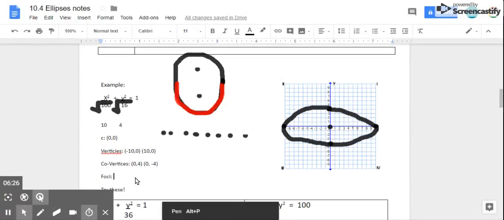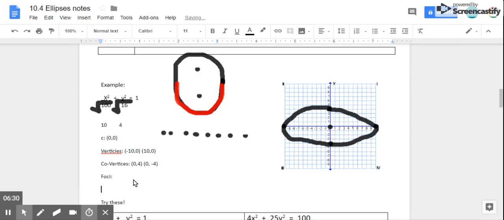So how do you find that? You find the foci using the equation a squared minus b squared equals c squared. I'm going to have to write this weird because I don't think it'll let me do powers anyways.